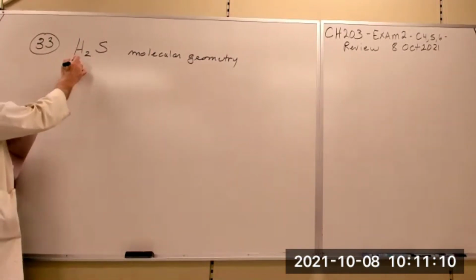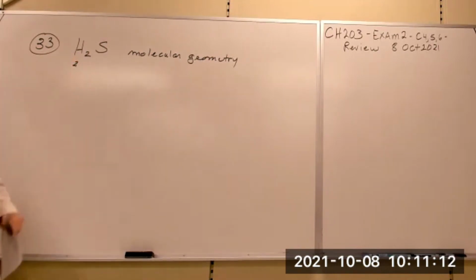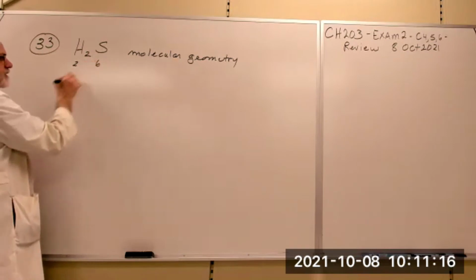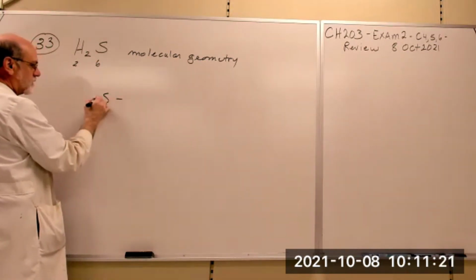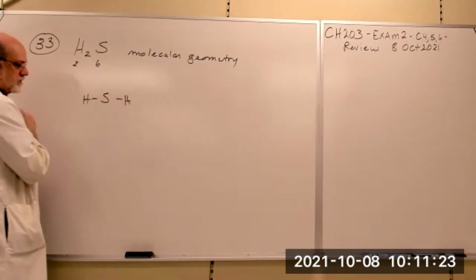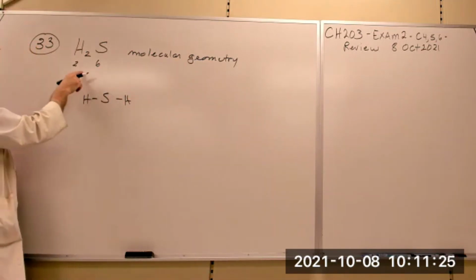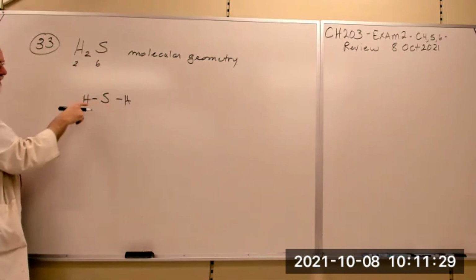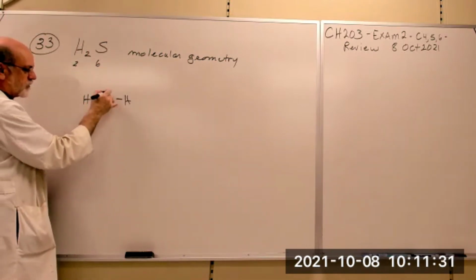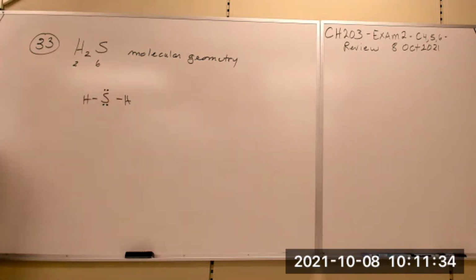All right, so we have 2 electrons here. Sulfur is how many? Same as oxygen, 6. 6 electrons. So we have 8 electrons. We have sulfur in the middle. Okay. So that's 2, 4. And we have 4 electrons left over. We can't put them out here, so we put them in here. 1, 2, 3, 4.